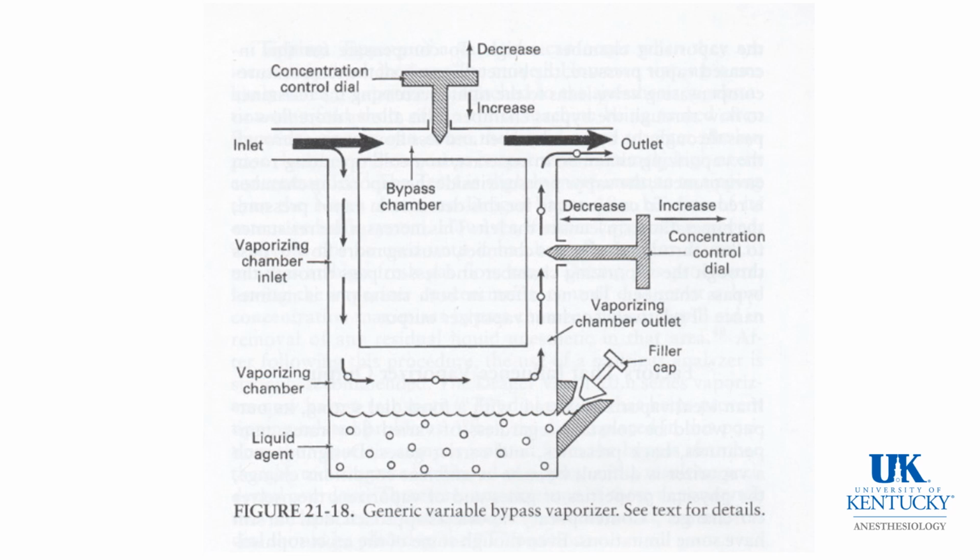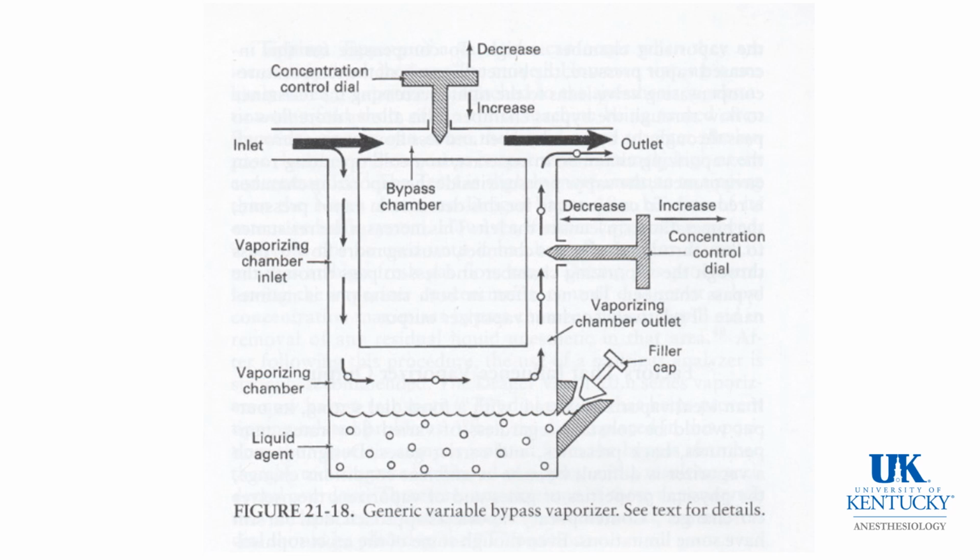This is the vaporizer here. The fresh gas flow comes in from the left side, and some of it is diverted through the vaporizing chamber. In the bottom of the vaporizer is the liquid, and there's a wick here which facilitates the liquid becoming mixed and forming saturated vapor.